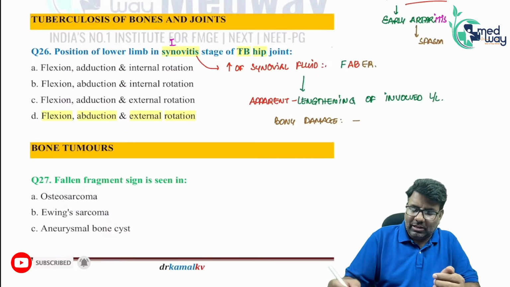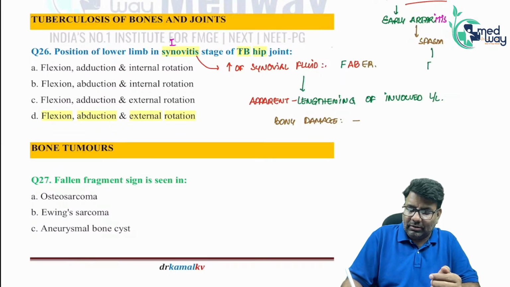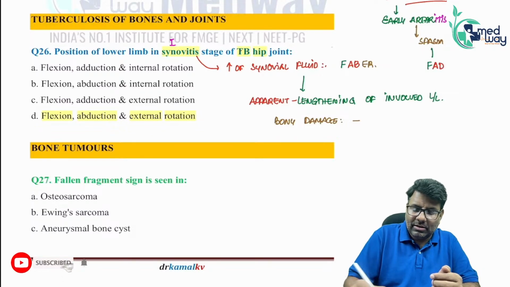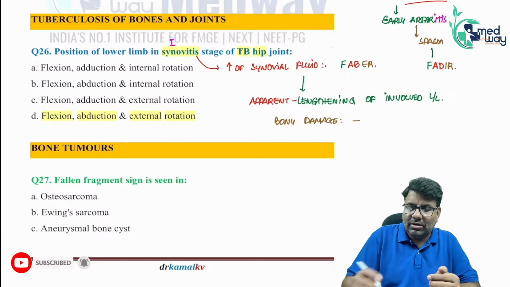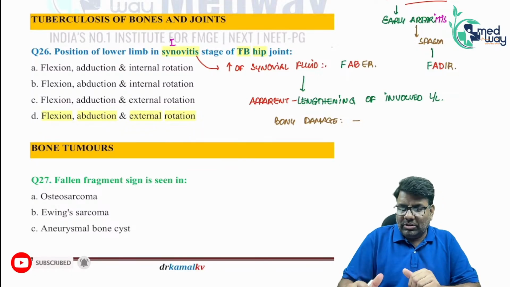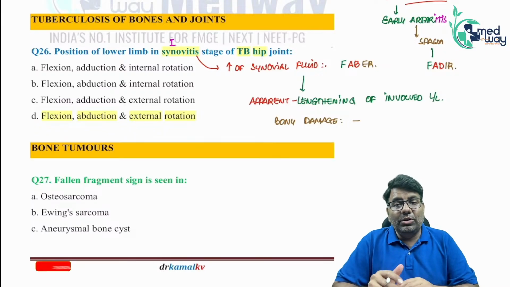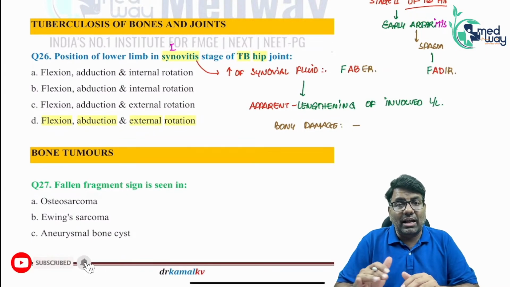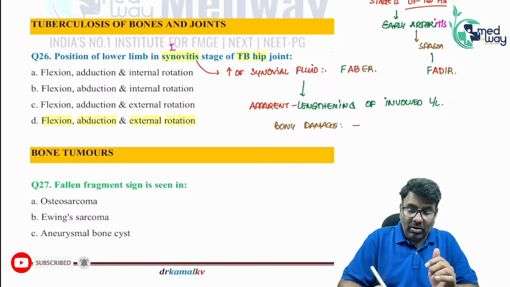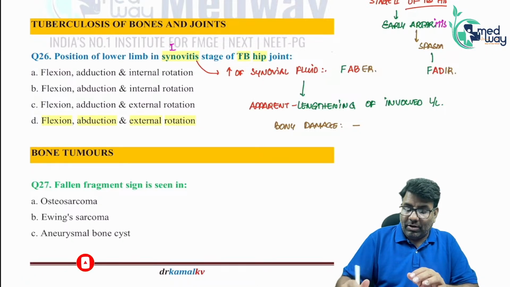The powerful muscles around the hip joint are the flexors, adductors, and internal rotators. So these are the powerful group of muscles, and therefore the lower limb will go into a state of flexion, adduction, and internal rotation.